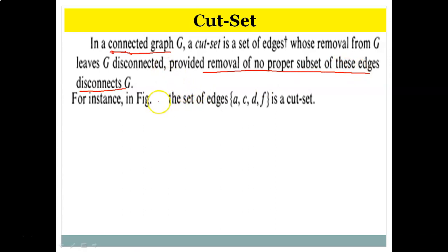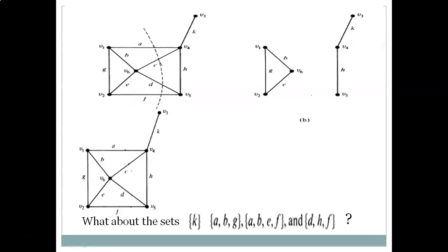So the definition will be more clear with the help of one example. For instance, in figure 1, the set of the edges A, C, D, F is a cut set. I will come back to the definition of cut set. First we move on to this example.